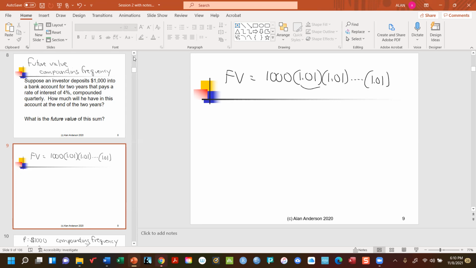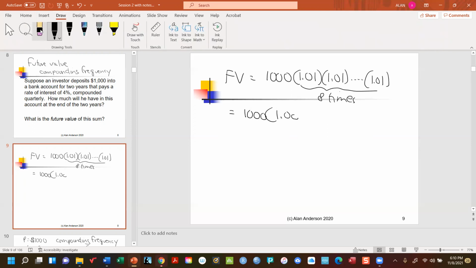So what you could do is multiply the $1,000 by 1.01 8 times, or 1,000 times 1.01 to the 8th power, to represent the payment of 1% per quarter 8 times over the next 2 years.